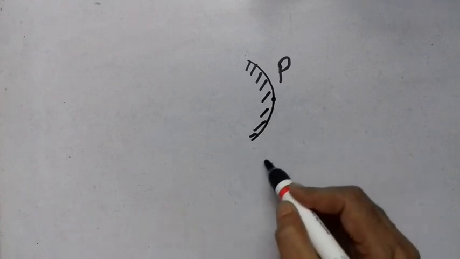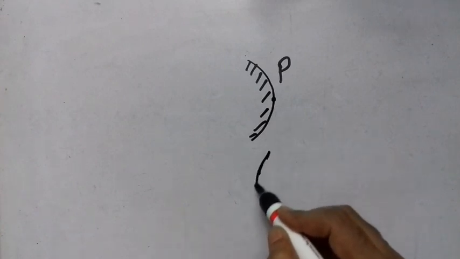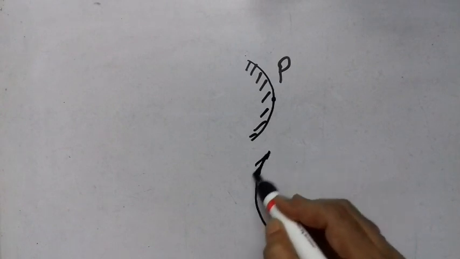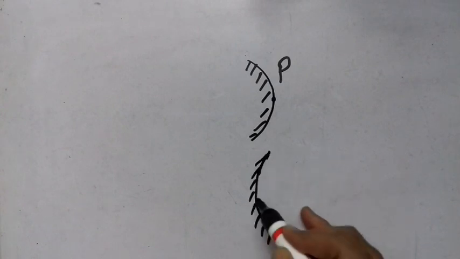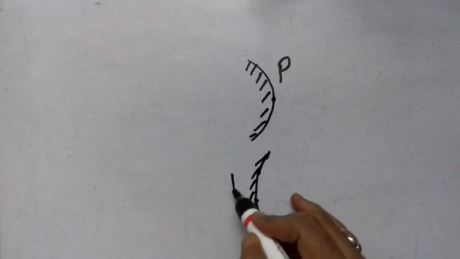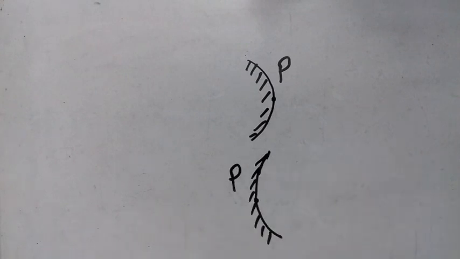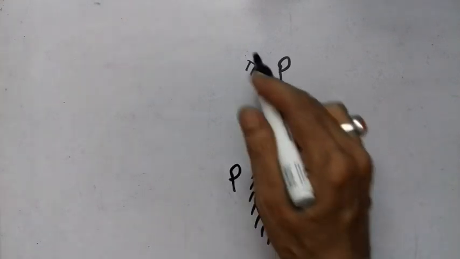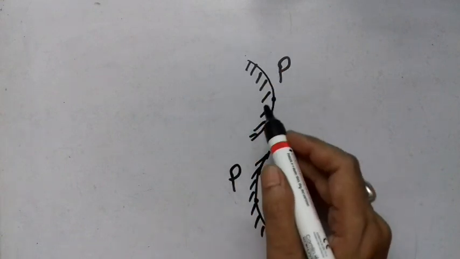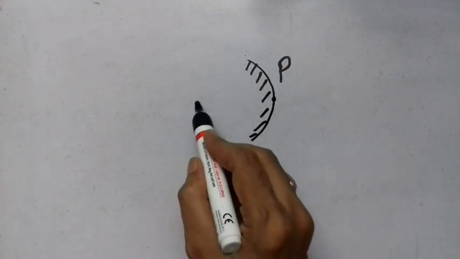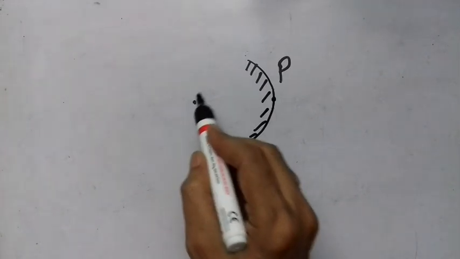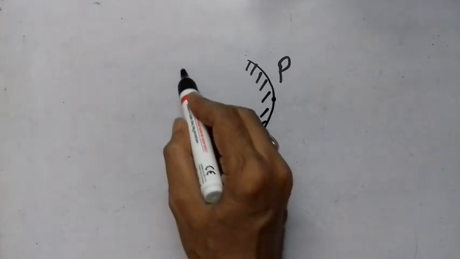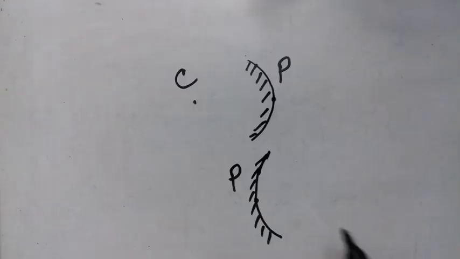Or if the mirror is this way, the geometrical center is called the pole. Since this is a part of a sphere, the sphere must have a center. This center is called the center of curvature.